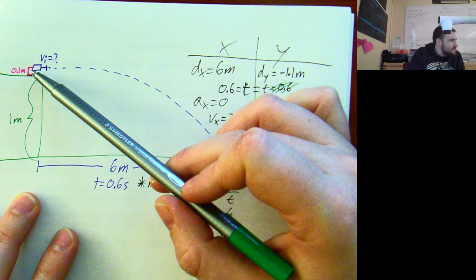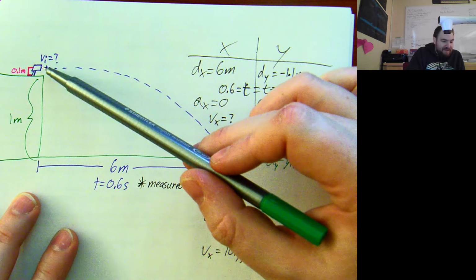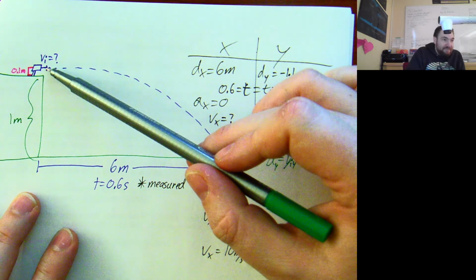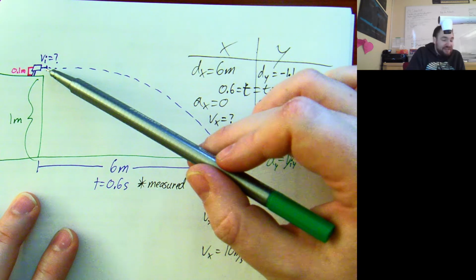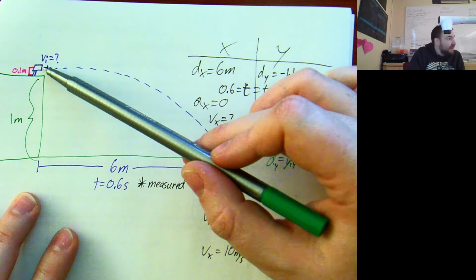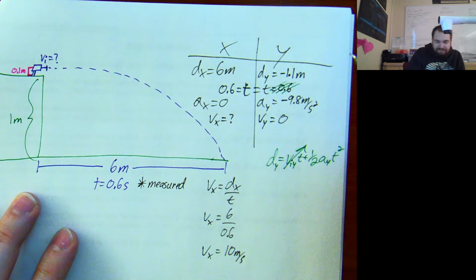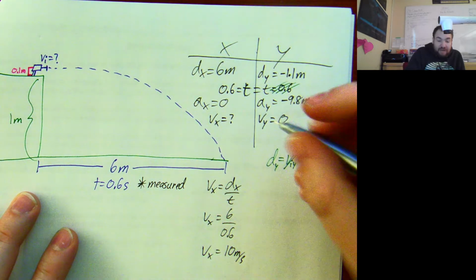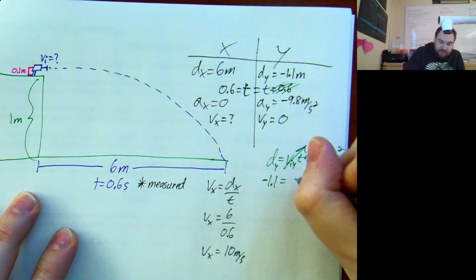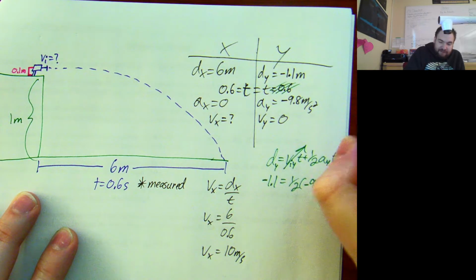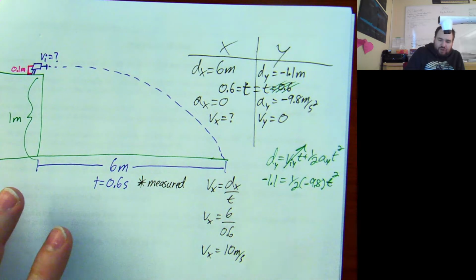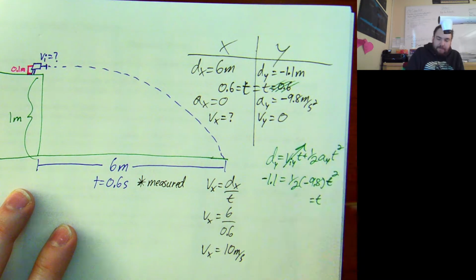The total displacement is going to add the height of the gun and the height of the table, so the gun is a little bit up. Yeah, because the dart's not being dropped off the table, it's being shot out of the barrel of the gun, and the barrel of the gun's a little higher. Good. So I've got a dy here of negative 1.1. That's going to equal 1/2 times negative 9.8 times t squared. What should that time have been?